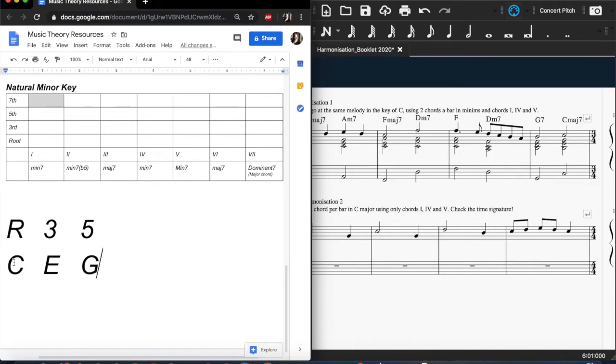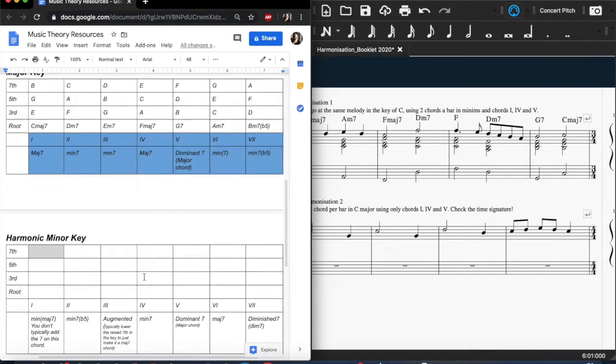So we have C, E, G. This is our normal C major chord. What we need to do is take this third note and raise it up to be a perfect fourth from the root, which in most scales is going to be the fourth degree. If it's the Lydian mode, though, it wouldn't, but in most scales it's just the fourth degree of the scale.